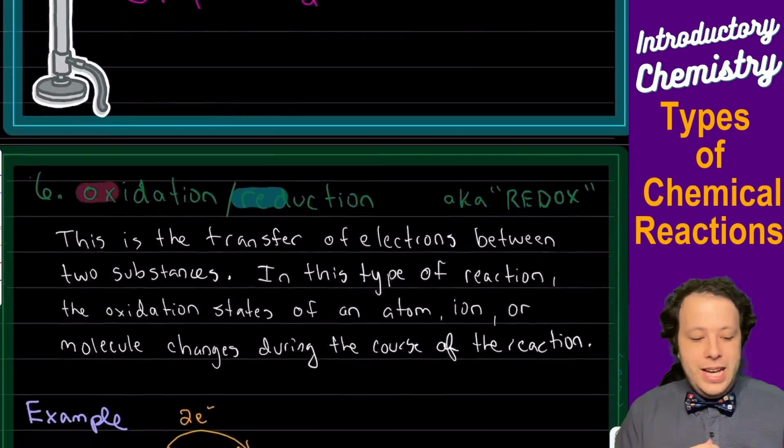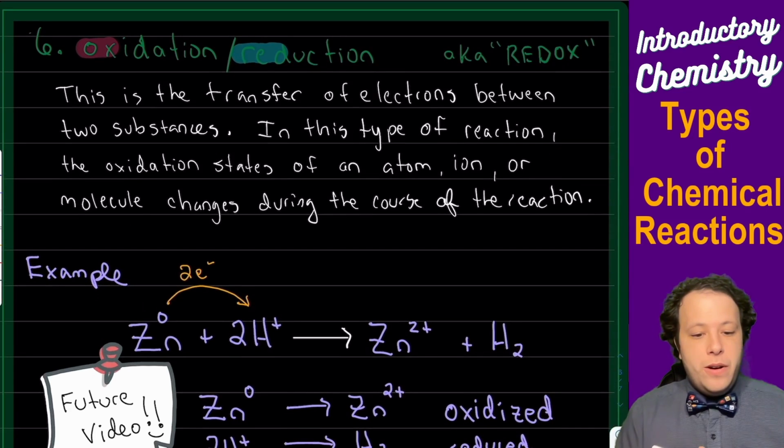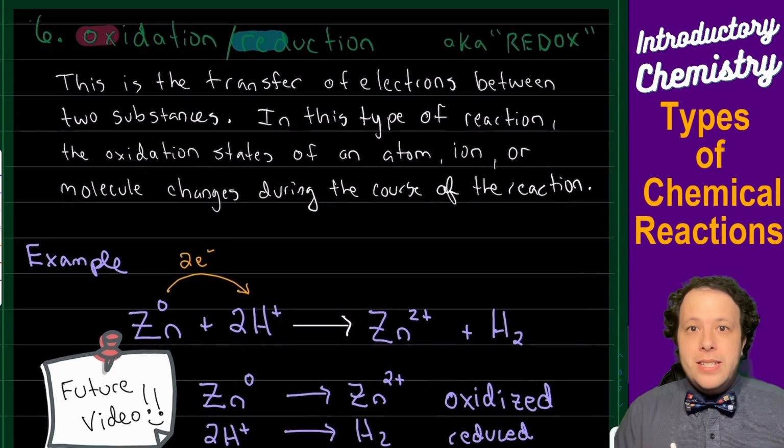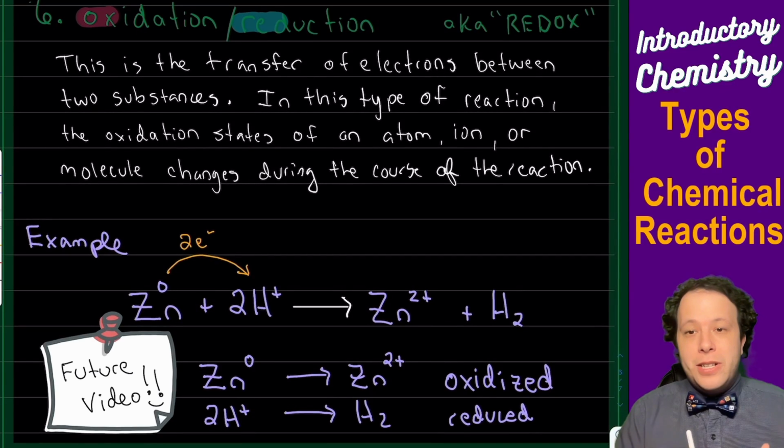Now, the last type of reaction, so this is going to be one that I'm going to make a separate video on by itself. But this is something that you're going to come across because it's a subtype of a lot of single replacement reactions, as well as sometimes for double replacement and combustion too, but mainly single replacement.